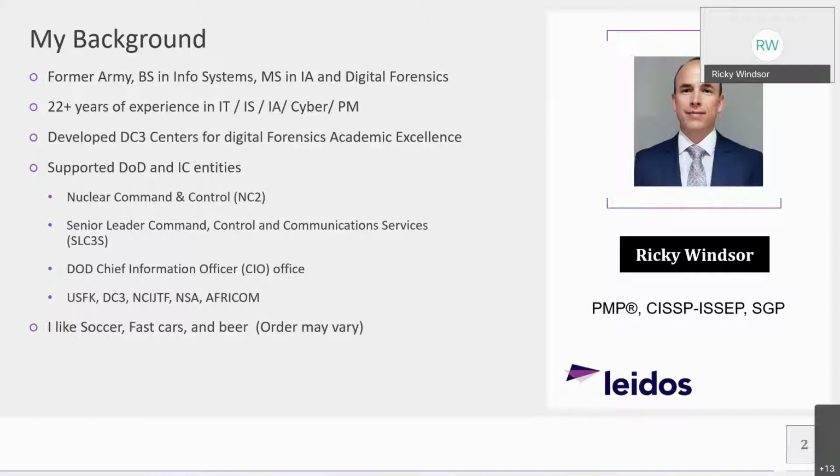I've worked on nuclear elements, worked with senior leaders across multiple different avenues, the DoD CIO office, been in Korea for about 12 years, did a few stints over in England, all around the East Coast, traveled a bit, worked with DC3, helped develop their Digital Centers of Academic Forensic Excellence, which is similar to the IA Centers of Excellence, but really focused on digital forensics.